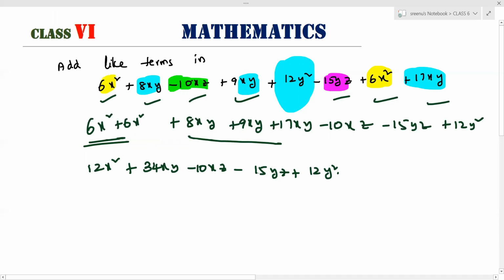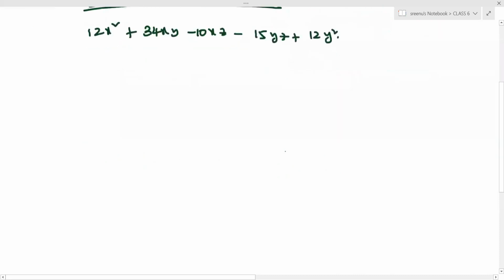So likewise we will add, and sometimes we will get subtractions also, and sometimes we will get some LCMs too. Here some more simplifications I will write. I'll scroll the screen now.